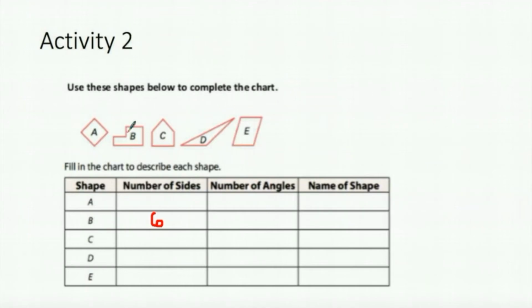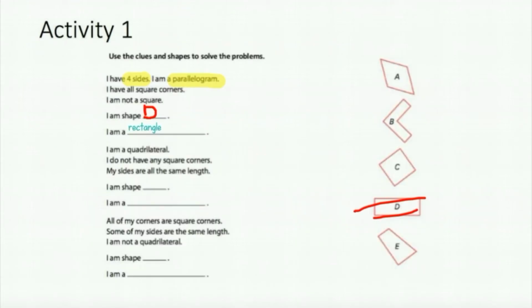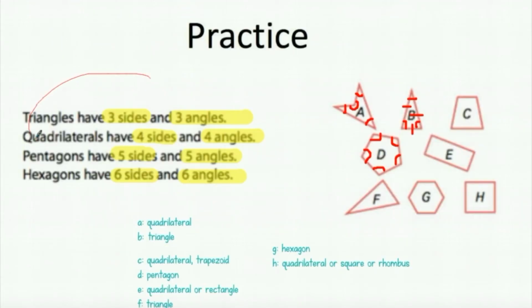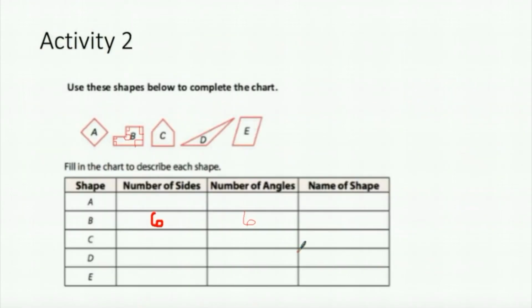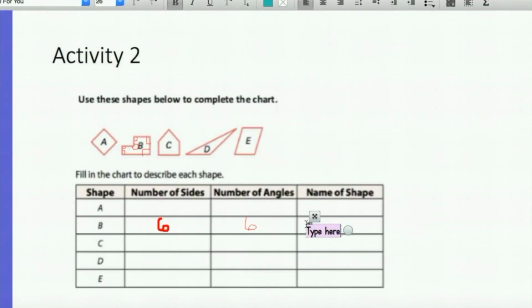So looking at these angles, I see 1, 2, 3, 4, 5, 6. So I also have 6 angles. And if you think about it back to our page before, which you can also go back and look here, that will help you. 6 sides and 6 angles gives us a hexagon.